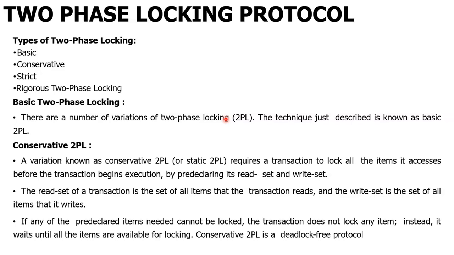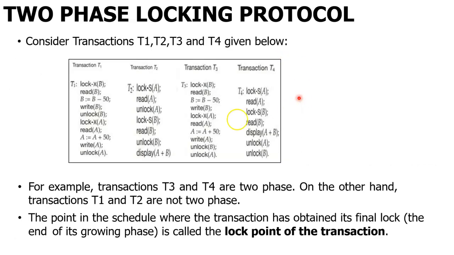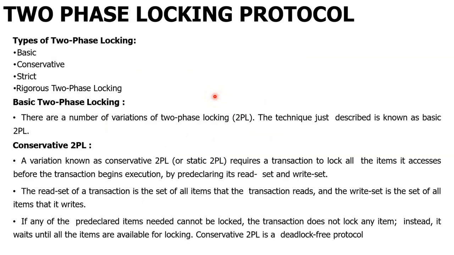Two-phase locking also has basic, conservative, strict, and rigorous variants. Basic is whatever I showed here; this process is called the basic two-phase locking protocol. Conservative two-phase protocol uses a predefined or pre-declared read or write set. In the basic two-phase protocol, I start my transaction and my first step is locking.